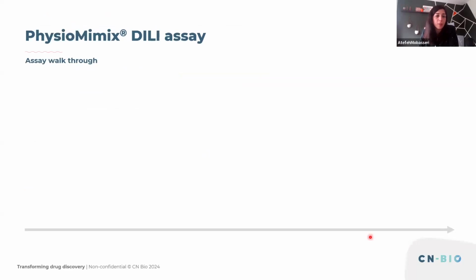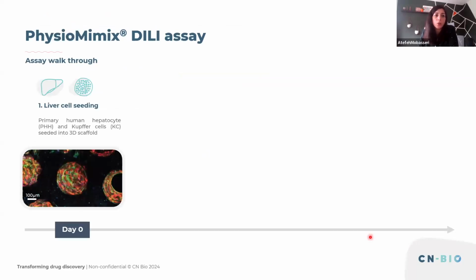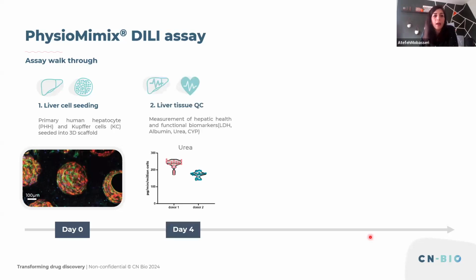For the Physiomimics DILI assay, we use liver cells, combining and co-culturing primary human hepatocytes and Kupffer cells. And then for 4 days, we culture them together.